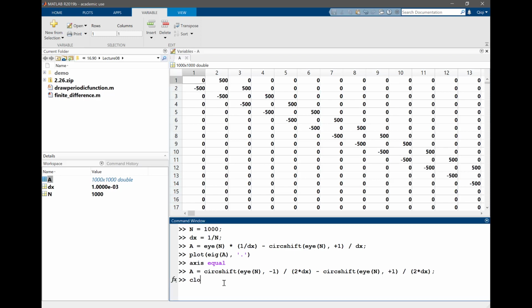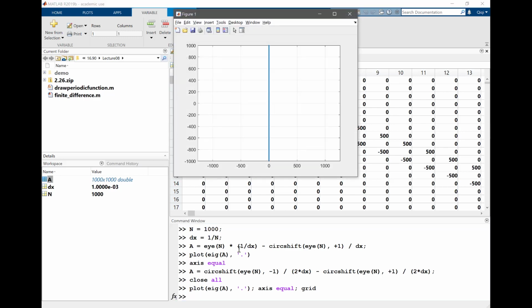So let's clear and plot now the eigenvalues. X is equal. Here we are. What do we have here? We have a set of eigenvalues exactly on the imaginary axis.